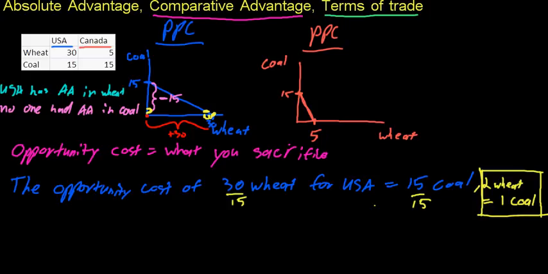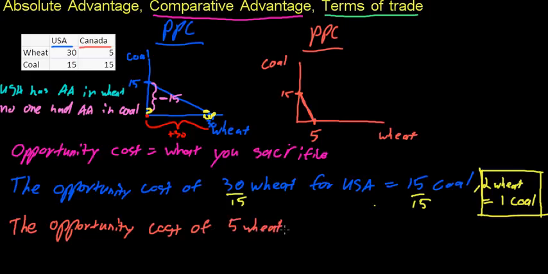So for Canada then, we're going to have that the opportunity cost of 5 units of wheat for, and I'm just going to abbreviate Canada as CA, is equal to 15 units of coal. And so we can simplify this and say that 1 wheat is equal to 3 coal for Canada.